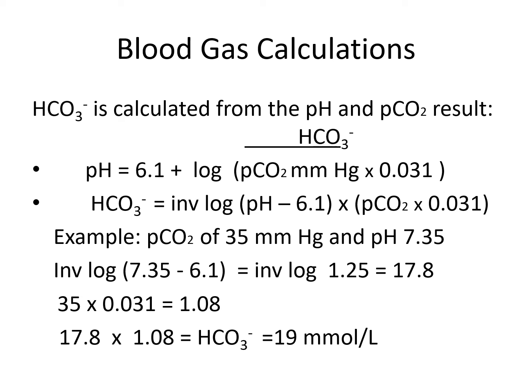And then the other quantity is PCO2 multiplied by 0.031. 35 times 0.031 is equal to 1.08. Then we multiply these two values together, we come up with 17.8 times 1.08 is equal to 19 millimoles per liter.